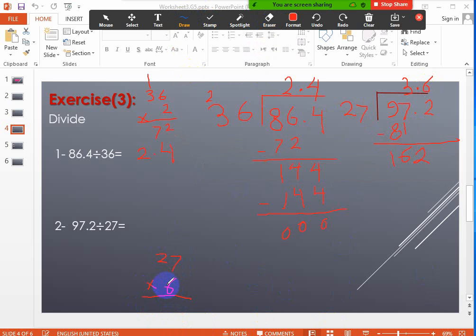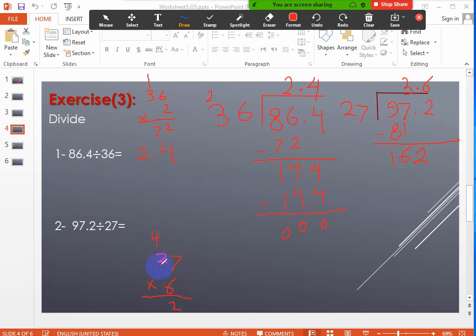Okay, now which number if I multiply it by 7, the ones will be 2. 6 multiply 7 equals 42. So I'll put 2 here and 4 above the 2.